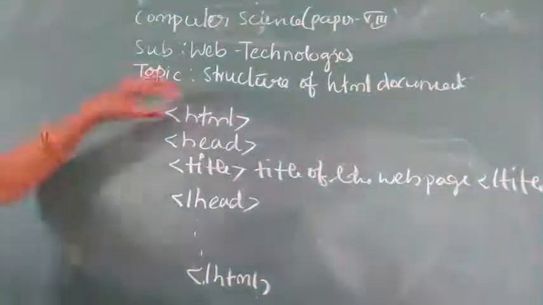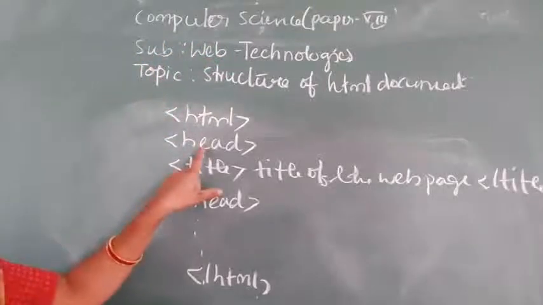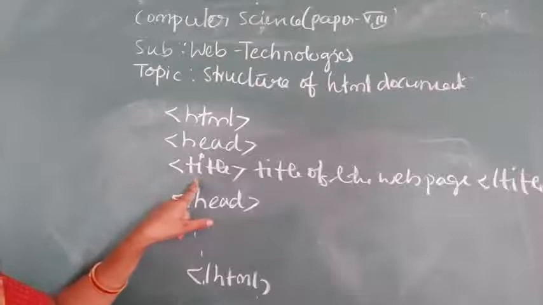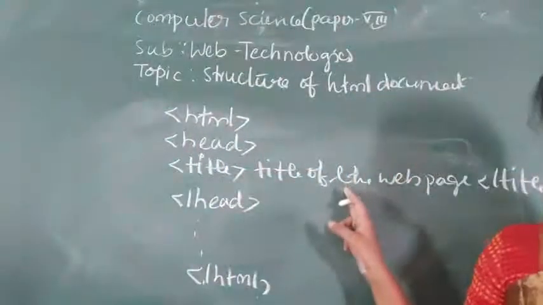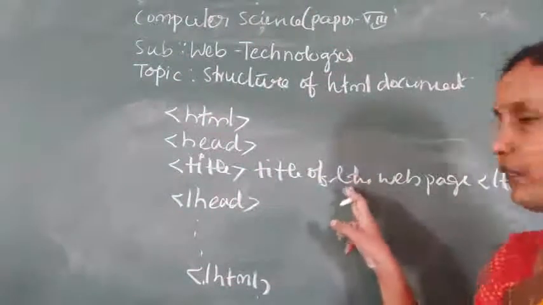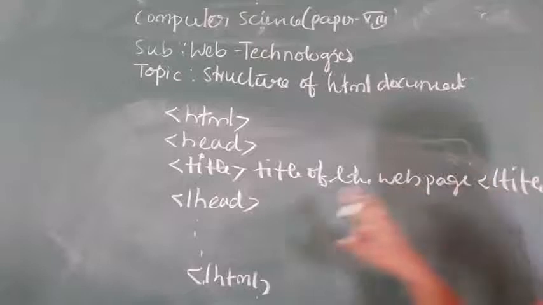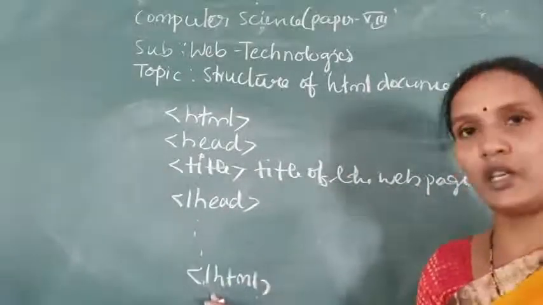Okay. So immediately after the HTML tag, you write the head section. Inside the head section, you include the title tag. After the title tag, you give the title of the web page. After giving the title of the web page, you close the title. After closing the title, you close the head section. Next, at last, you close the HTML tag.